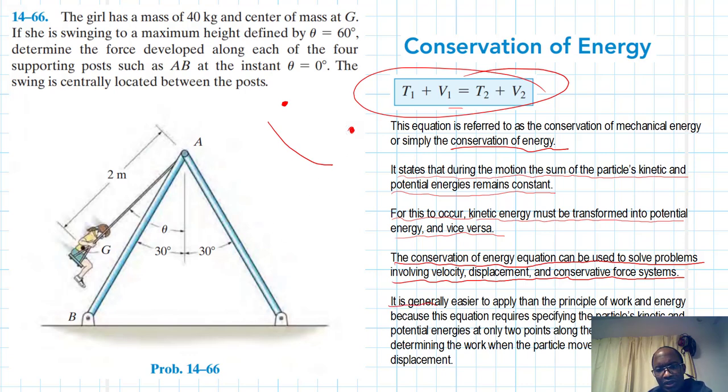So it is generally easier to apply than the principle of work and energy because the equation requires specifying the particle's kinetic and potential energies at two points along the path rather than determining the work when the particle moves through a displacement. So basically this is what we intend to use.